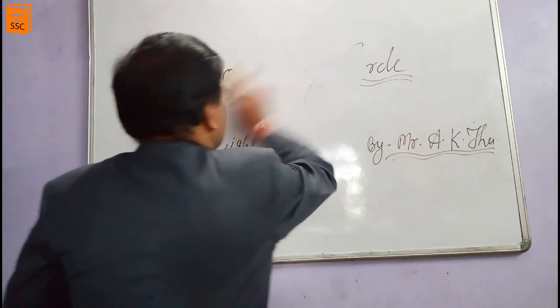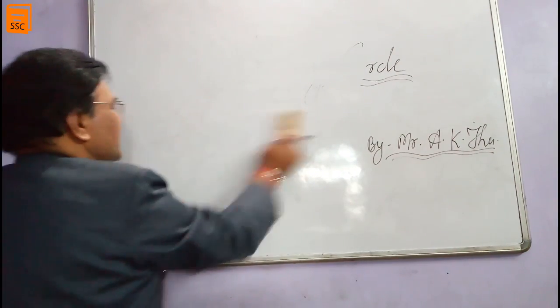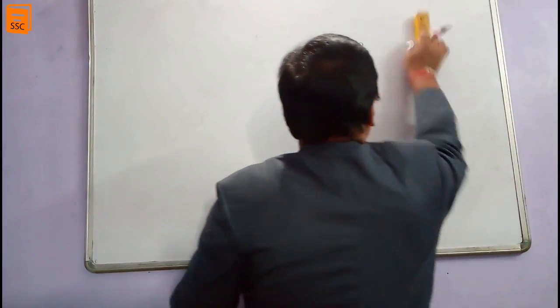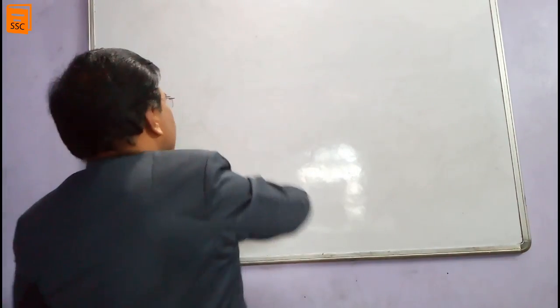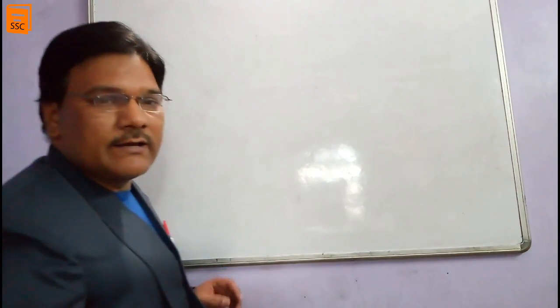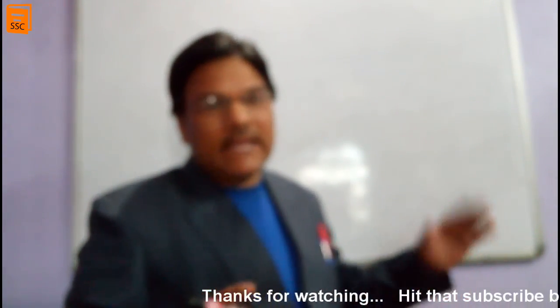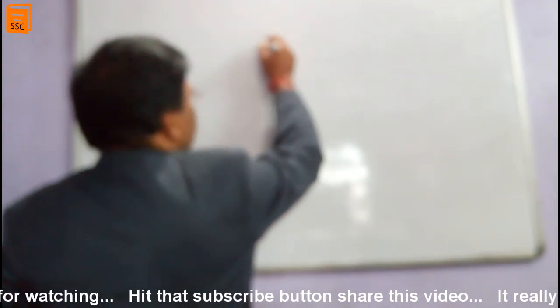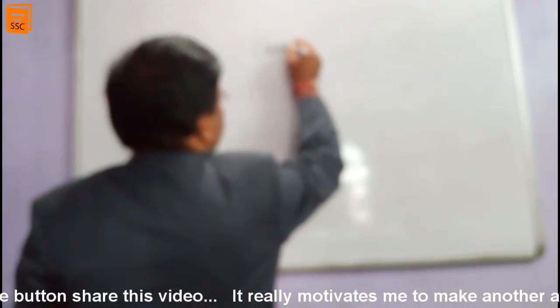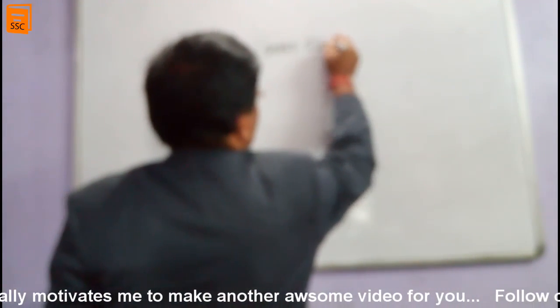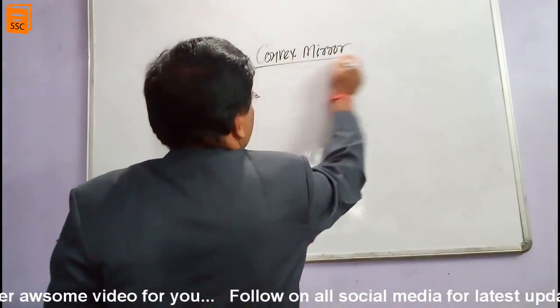In this second video we are discussing the formation of image in a spherical mirror, which is divided into two parts, concave mirror and convex mirror. We are now discussing the convex mirror.